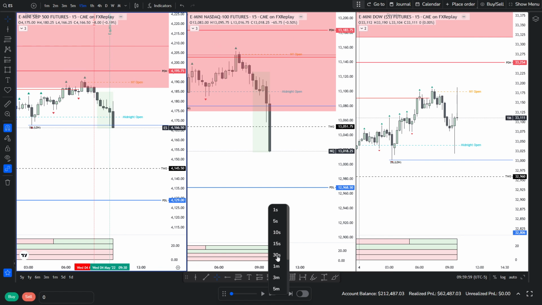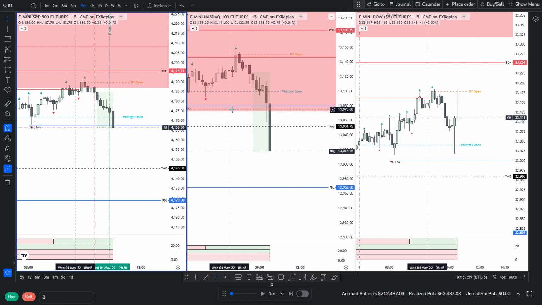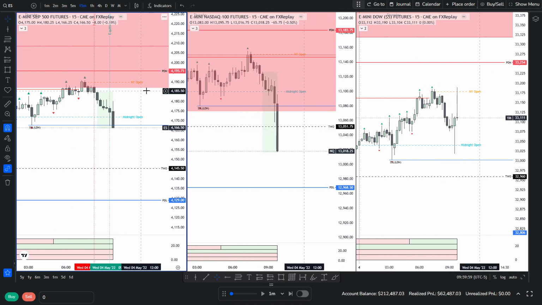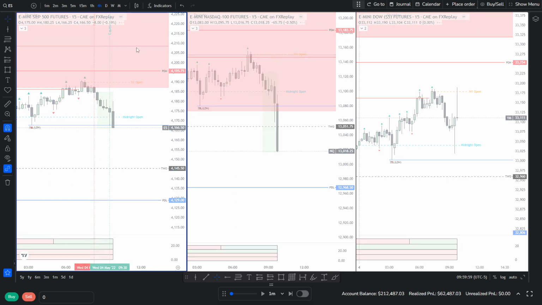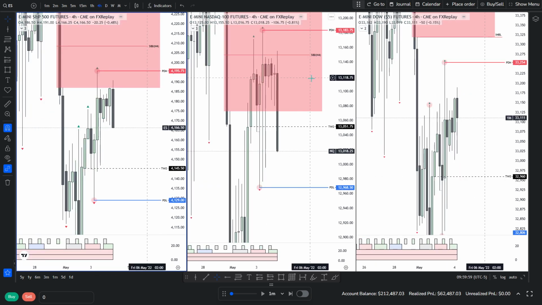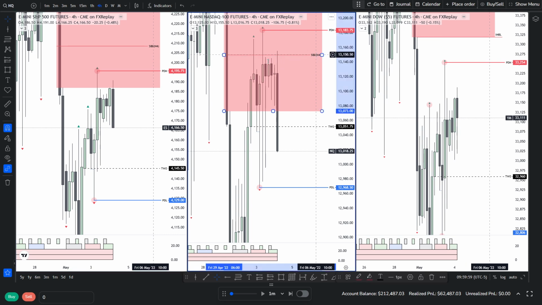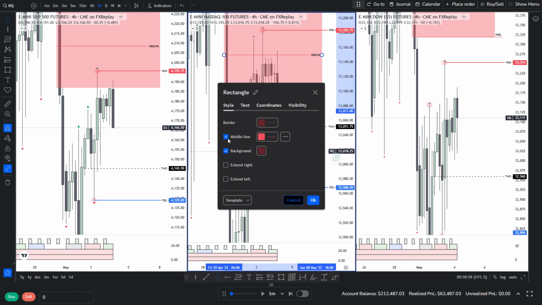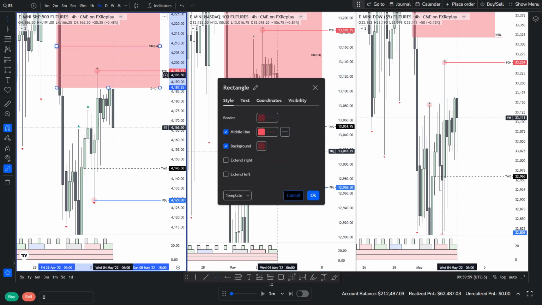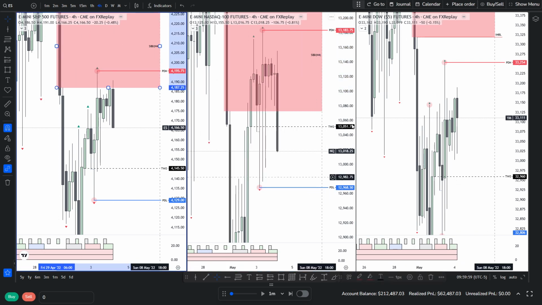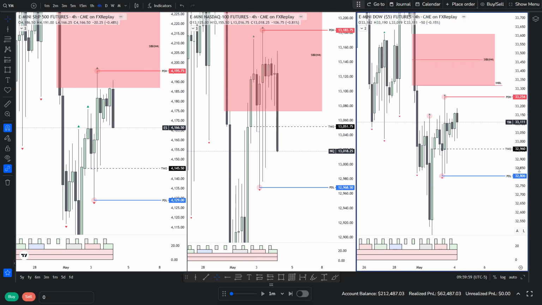I'm going to drop this down to the 1 minute. To be fair, it doesn't particularly matter. There wasn't a trade. What I'm going to do though is I just want to remove the midline, because I keep looking at it and thinking, what's that other line? So I just want to remove that for now.